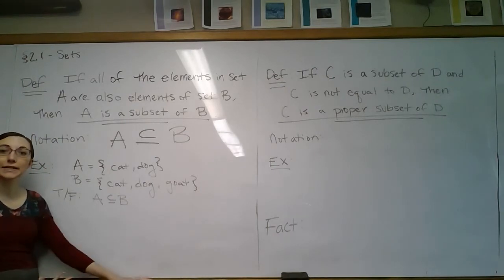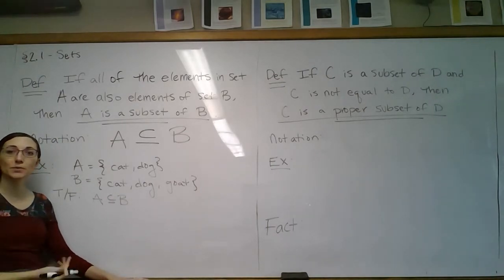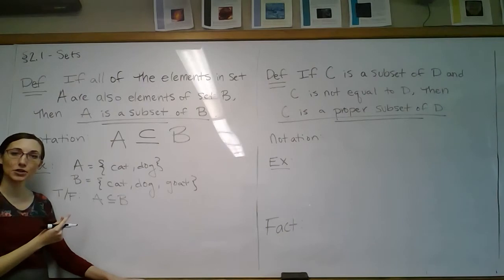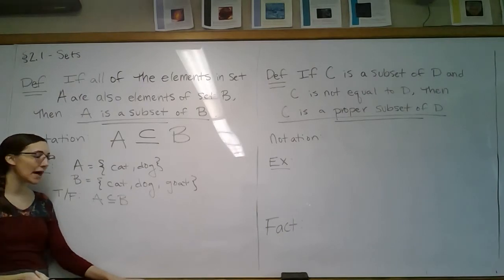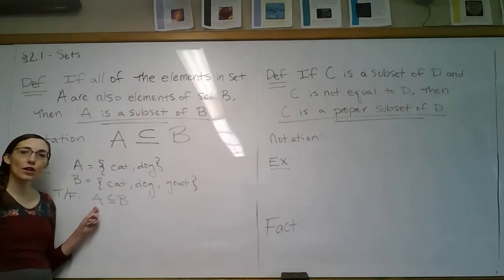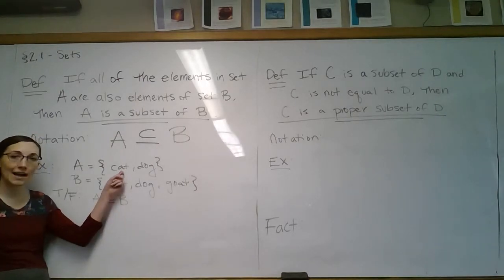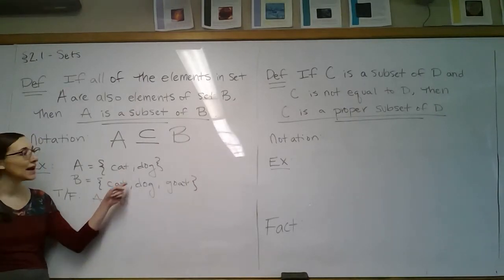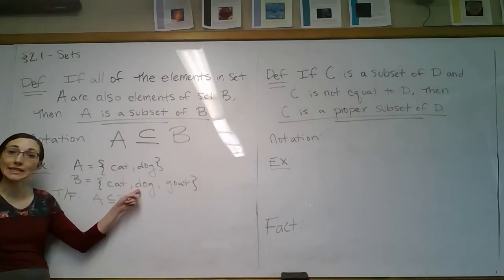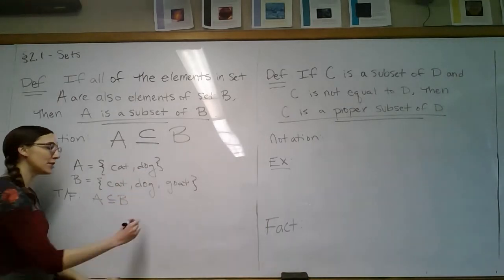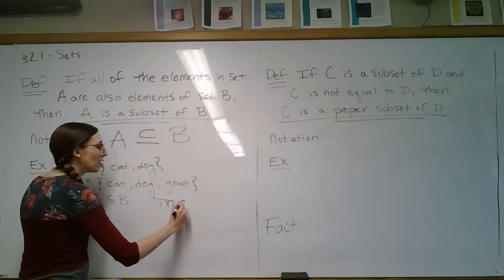Well, we have to go back to the definition to know. We have to check, is the definition true? The definition says I'm going to look at whether all of the elements of A are elements of B. So is cat an element of B? Yes. And is dog an element of B? Yes. So it meets the definition, so this would be true.